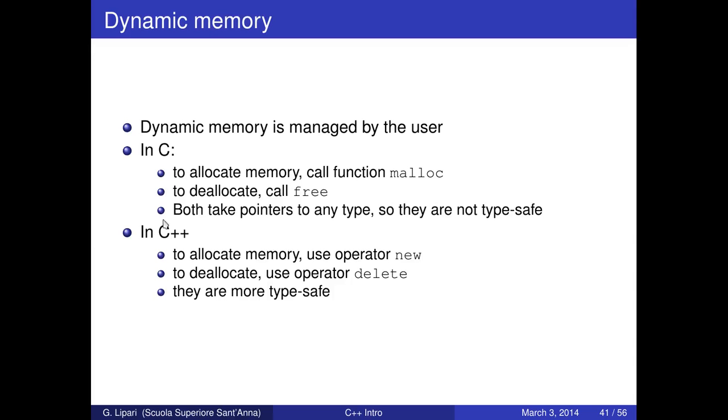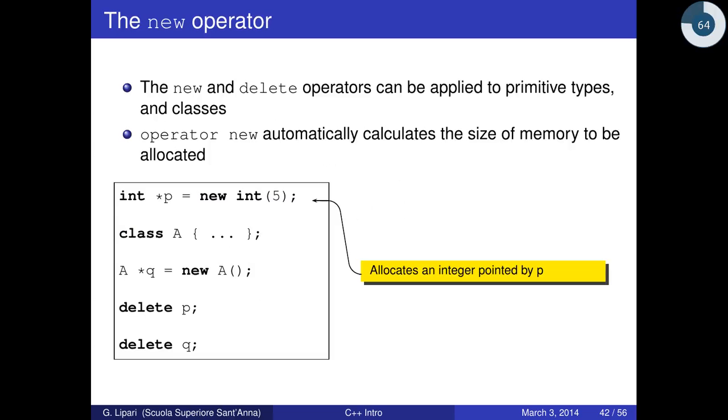In C++, instead of malloc and free, you use two different keywords. Actually, they are operators. You use operator new, and to deallocate you use operator delete. They are more type safe, because new looks at the type of the object you are going to create, and delete looks at the type of the object you want to destroy.